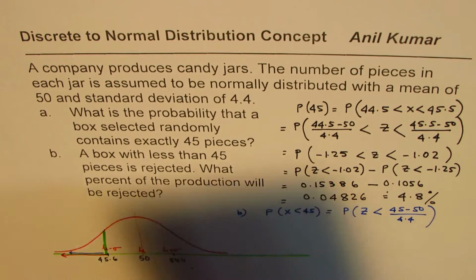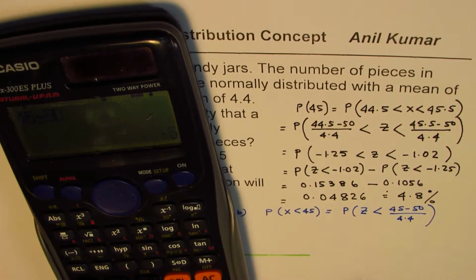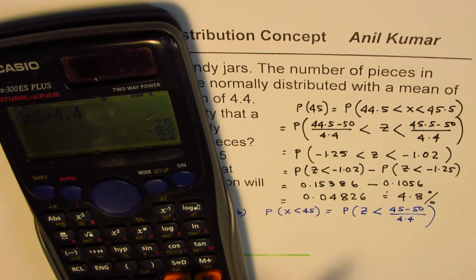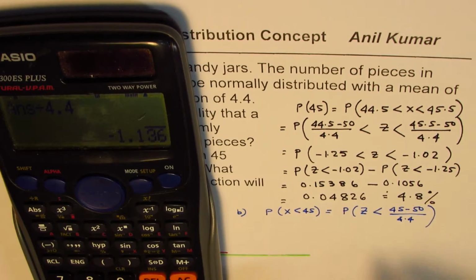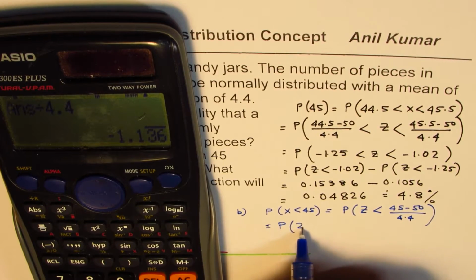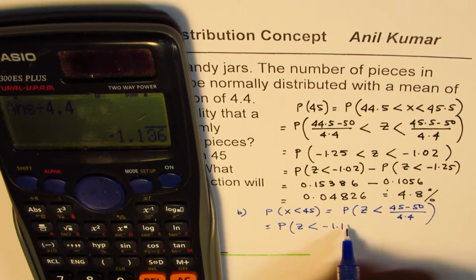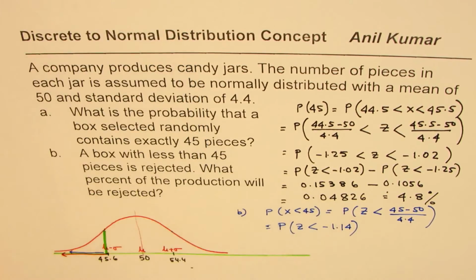So let's calculate this. We have 45 minus 50 divided by 4.4, in decimals, equals probability for z-score to be less than minus 1.14. Okay, so that is what it is.